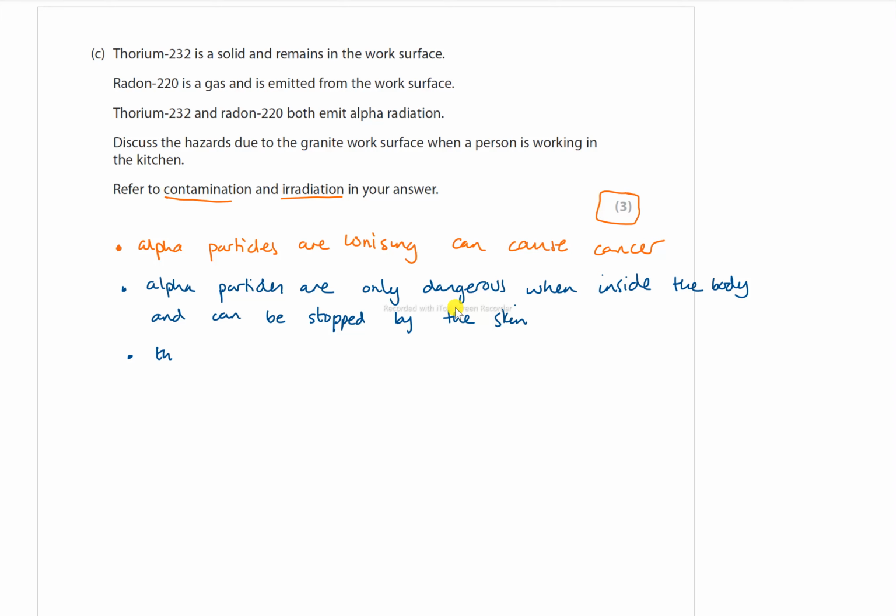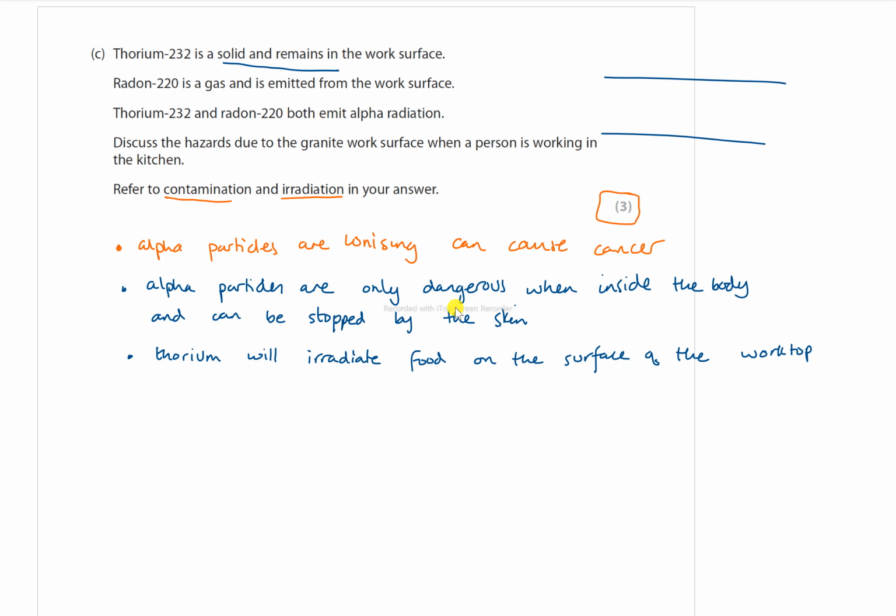Right. Thorium. This is what they've said. Thorium remains in the work surface. Thorium will irradiate food on the surface of the worktop, because you've got your granite worktop.